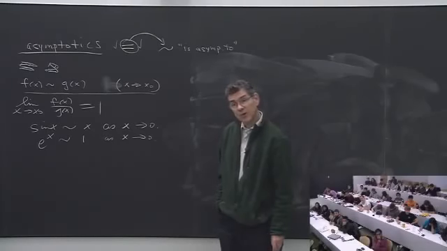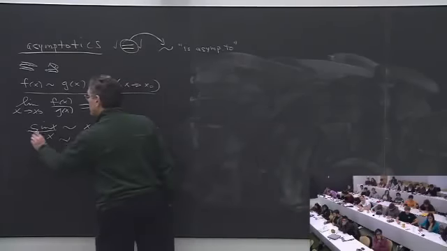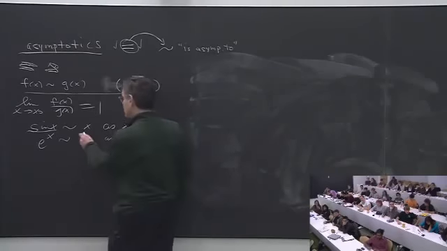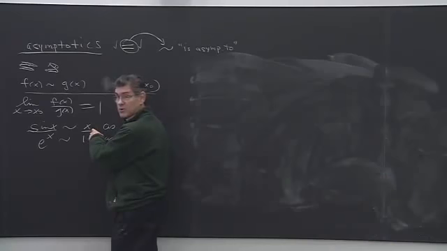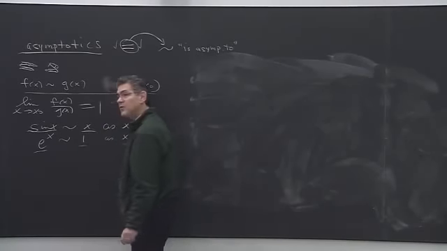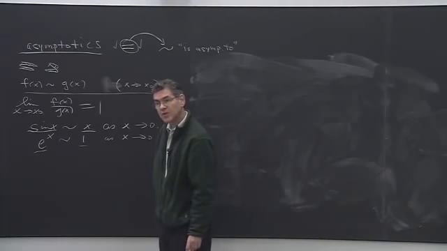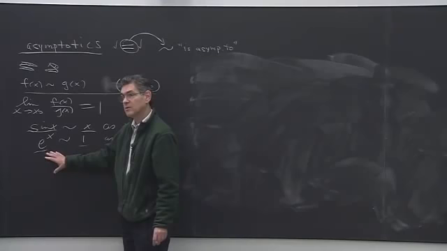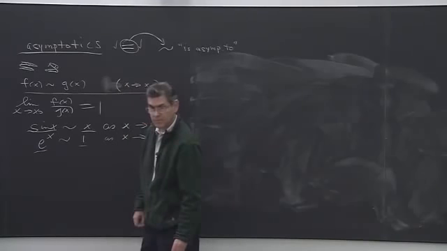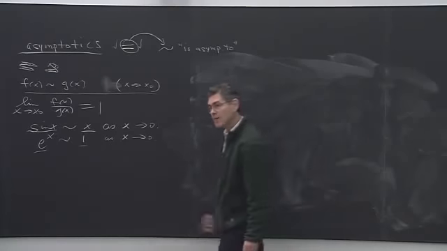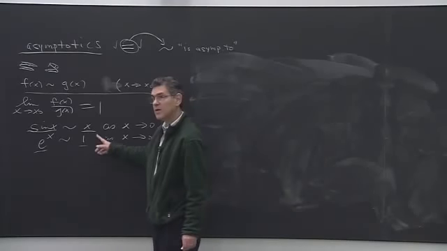You notice something very interesting happening. This is a rather complicated function, and this is quite a simple function. Same here. This is a rather complicated function. This is quite a simple function. Asymptotics is a way of replacing very complicated functions, like Bessel functions, or functions that don't even have names, by functions that do have names and that are very simple.